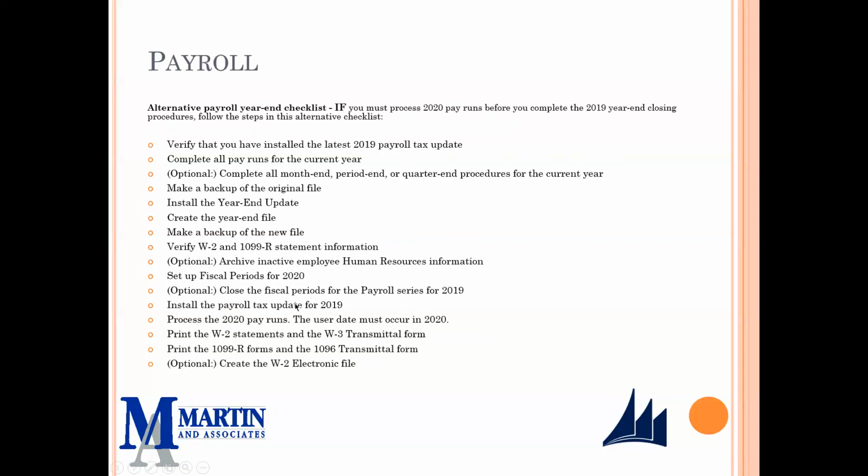Make sure you've got the right payroll tax update for 2019. Do your 2020 pay run with the 2020 date. Print all your W-2, W-3s, and then after that, you can do your 2020 tax table update. Kind of interesting.